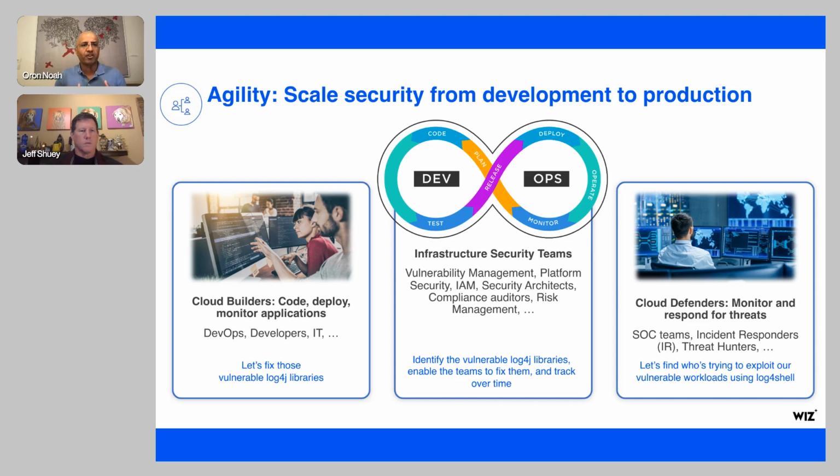So if we bring back the Log4Shell example, when you have thousands of things that you need to patch, and you need the entire synergy between all of these teams, a tool needs to provide the ability for all of these teams to work together, in order to have this agility and to scale your security from development to production.